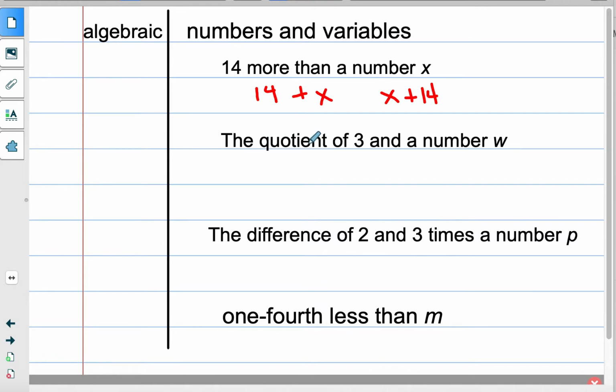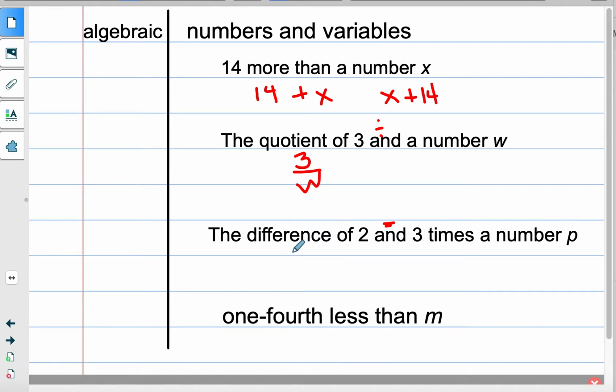Quotient. Quotient means divide. That's one of those 4 words. So there's the and. So that's where I'm going to put the division. With algebra, it's the quotient of 3 and the number w. We write it as a fraction. Difference means to subtract. So the difference of 2 and 3 times a number p.